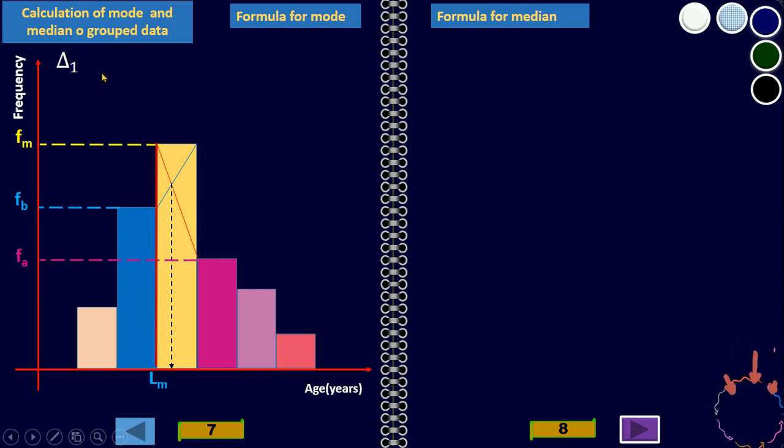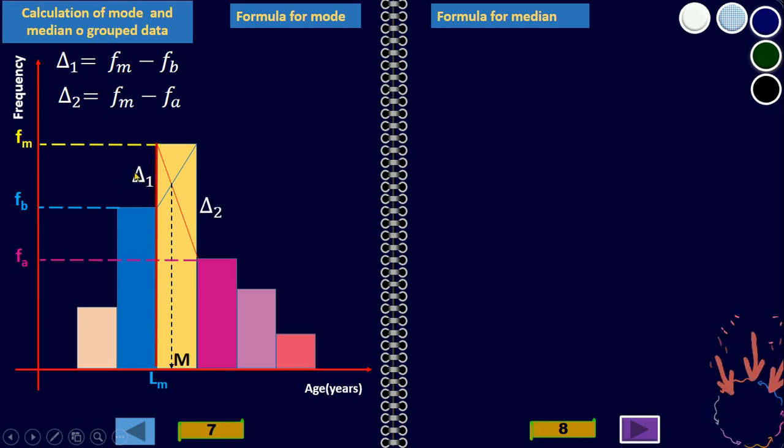Then we need to find the difference between the frequency of the modal class and the frequency of the class before it. That is delta 1. And then we also need to find the difference between the frequency of the modal class and the frequency of the class after it. That is delta 2. We need these things to be able to calculate the mode of group data.